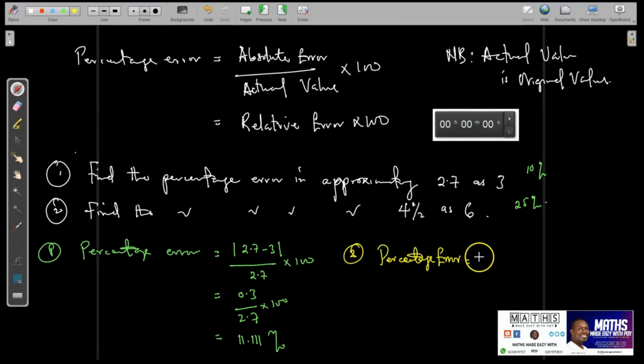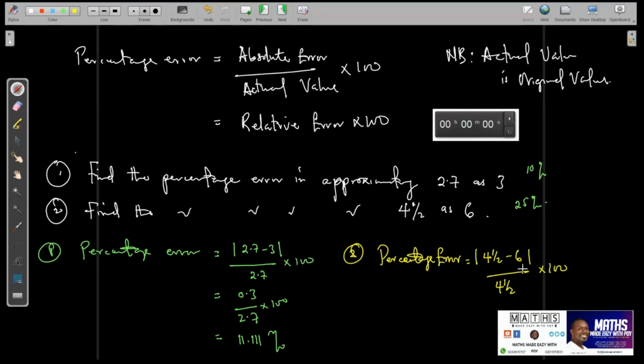You have to find the absolute value of 4.5 minus 6, all divided by, what is the actual value among the two numbers? 4.5. Then all multiplied by what? 100.